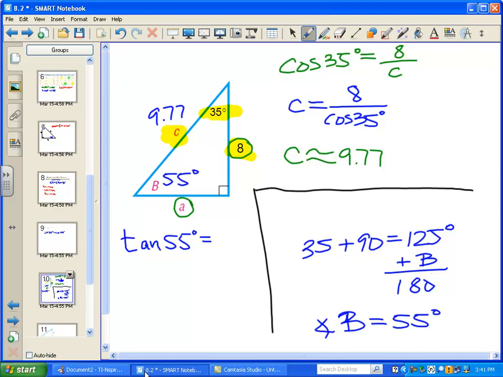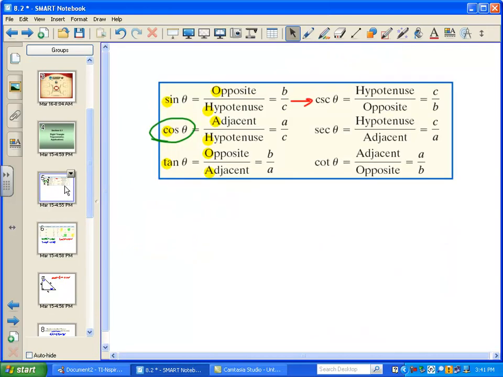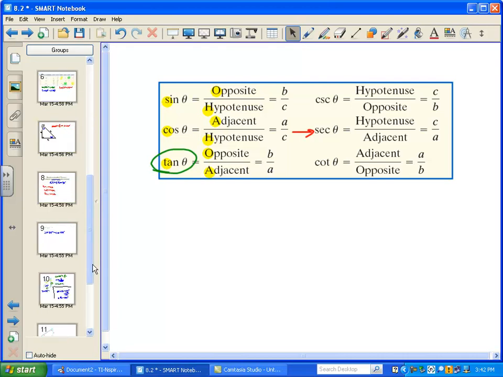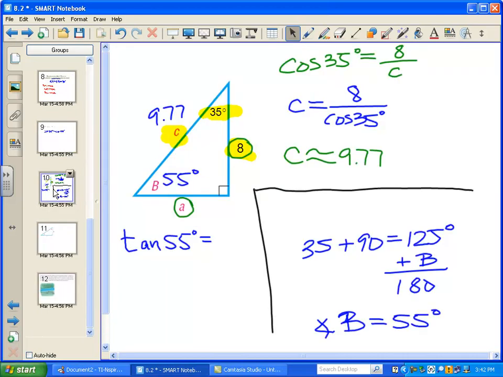Since tangent is the only one that incorporates the opposite and adjacent sides, as we looked at here. Opposite and adjacent side was tangent. If we go back down to our triangle, it means that we've got to use tangent to incorporate the opposite over adjacent sides, or 8 over A.